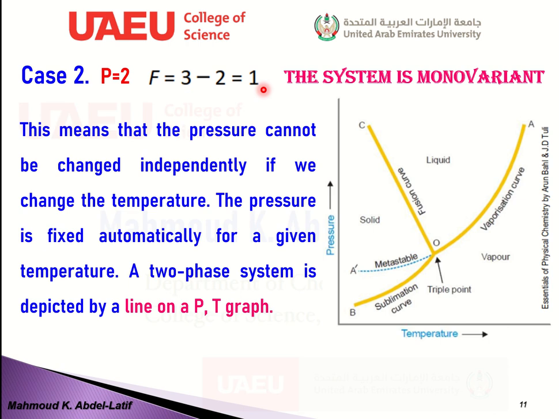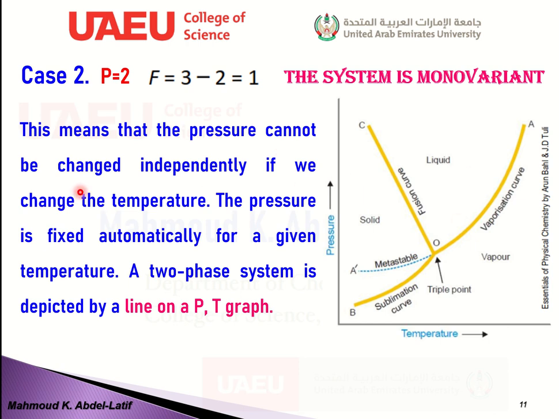And in that case, the system is monovariant. What does it mean? This means that the pressure cannot be changed independently. Also the same, the temperature cannot be changed independently.